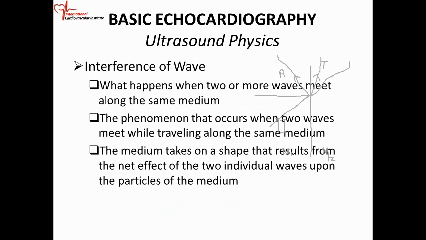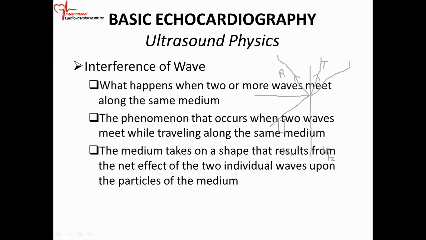Two waves meet up, and a number of things can happen. The waves can add to each other, so we talk about positive interference, or the two waves can cancel out each other, and we talk about negative interference.